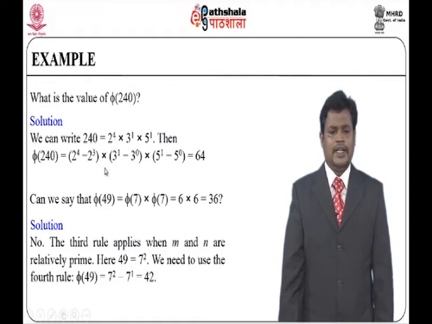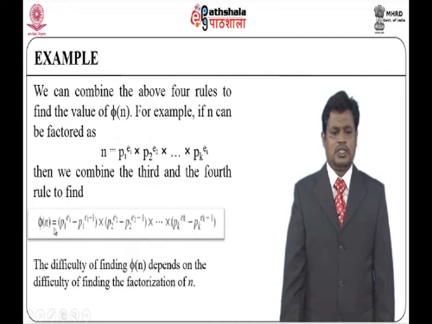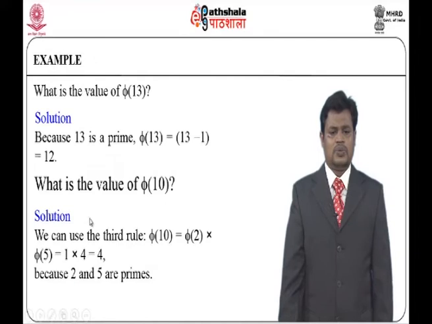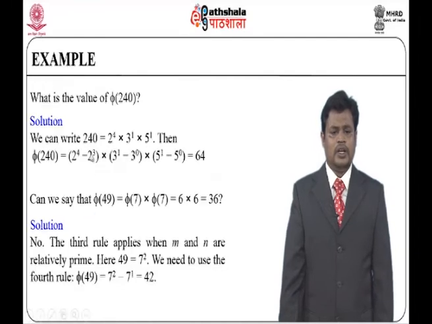By taking the combined rule, as this slide explains, the combination of the third and fourth rules, we can say p1 power e1 minus p1 power e1 minus 1.